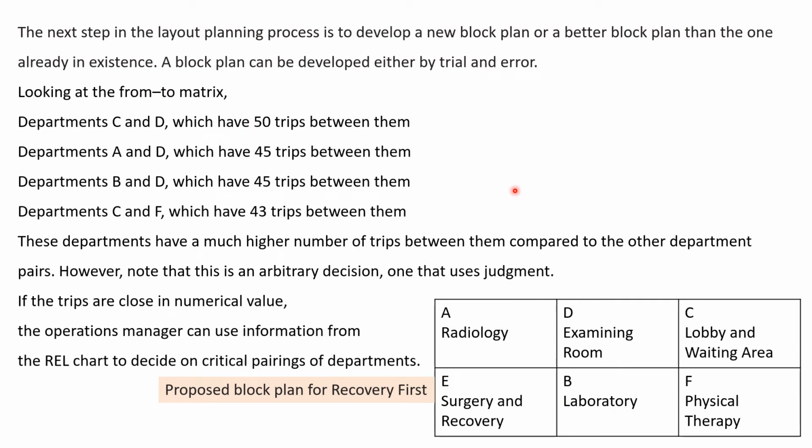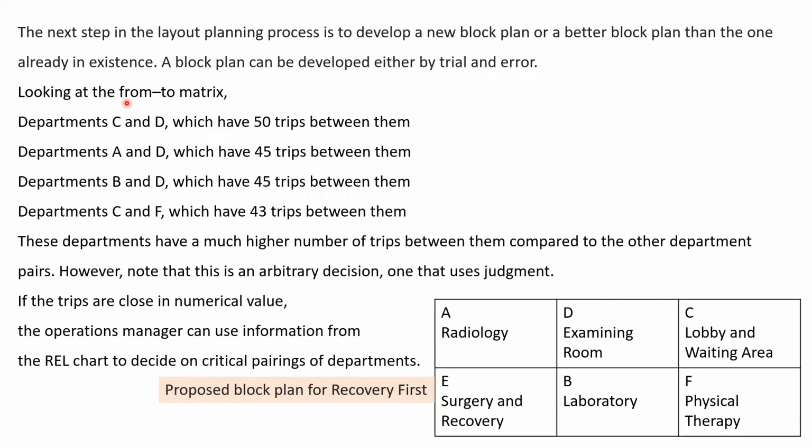The next step in the layout planning process is to develop a new block plan, a new design, or a better block plan than the one which already exists. So a block plan can be developed either by trial and error or some decision support software. So for the time being, we are doing it with trial and error.